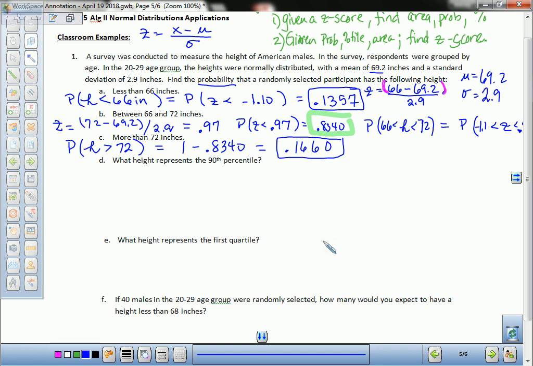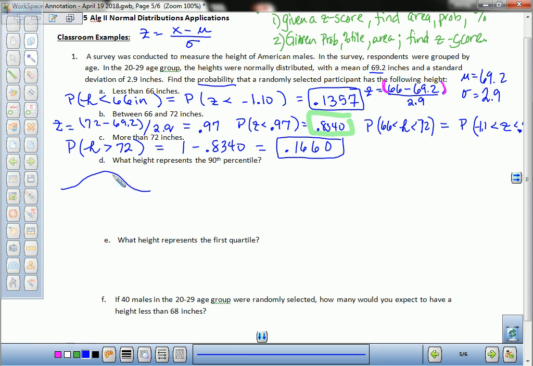Okay, so D, what height represents the 90th percentile? If you're at the 90th percentile and you're in a room with 100 people, you are taller than 90 of them. That's the 90th percentile. So we're probably up on this end somewhere.